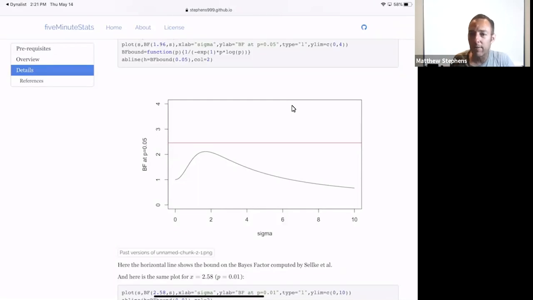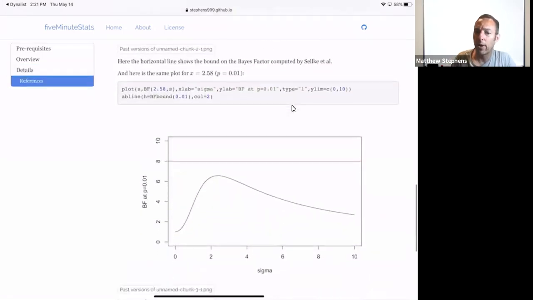Essentially, you expect to see p-values much smaller than 0.05, and the probability of seeing something as big as 0.05 is very, very small. So this is what the Bayes factor looks like. And the red line here is the bound from Selker et al. So you can see their bound encompasses all the range that I've got here.